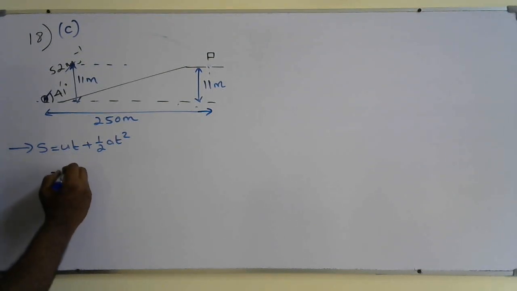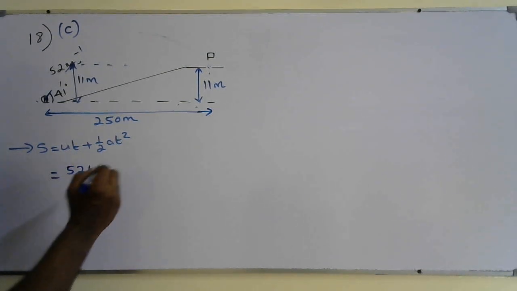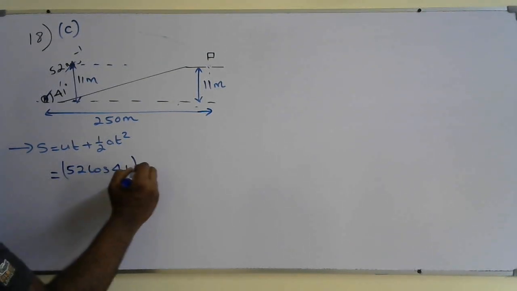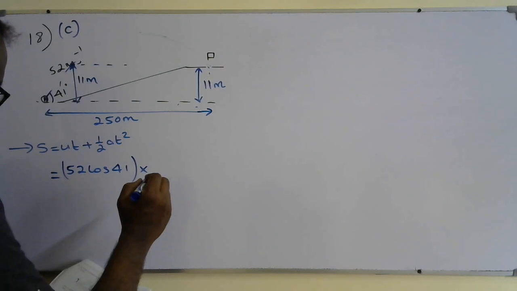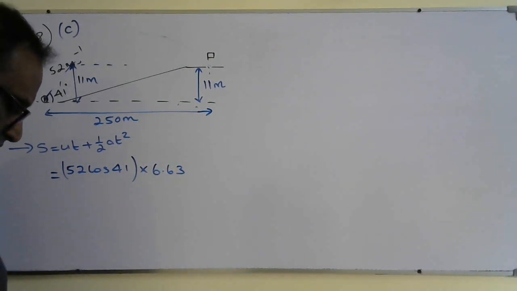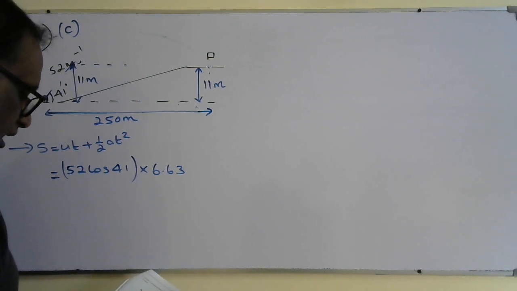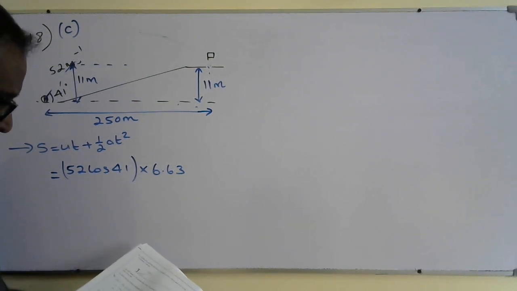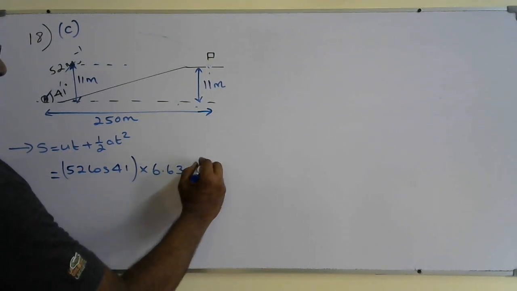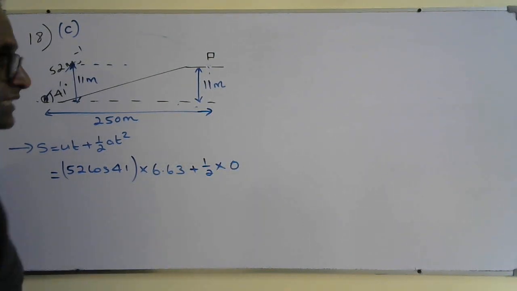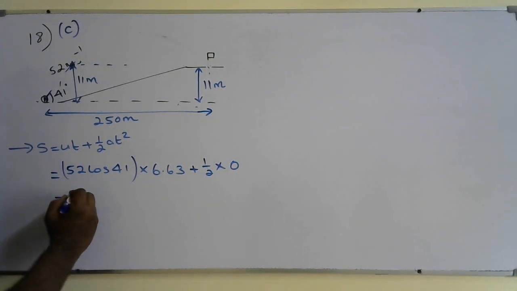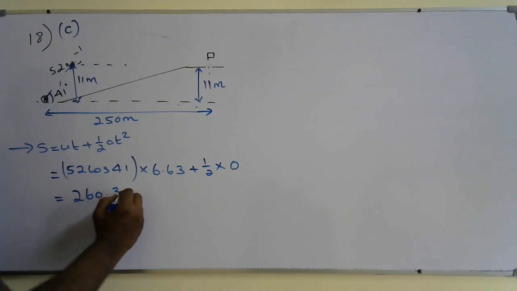Initial velocity 52 cos 41 into the time taken, we found it already, 6.63 seconds, plus half into no acceleration in the horizontal direction. So solve it, you will get the horizontal displacement 260.3 meters.